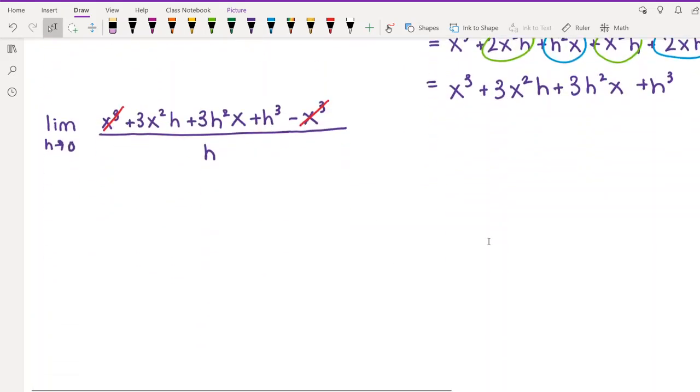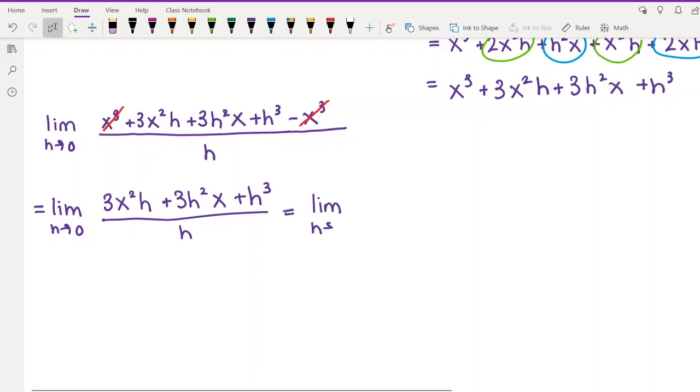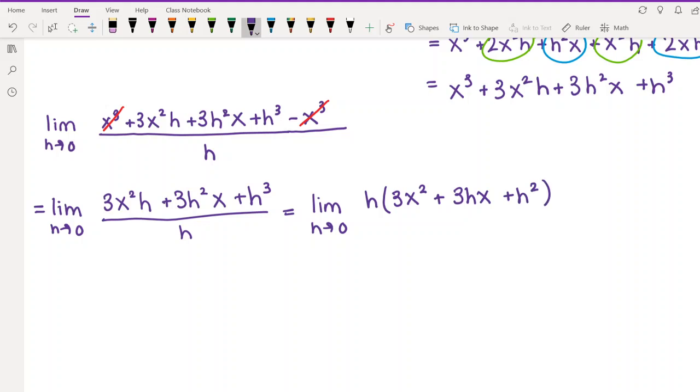Okay, so now we're left with the limit as h approaches 0 of 3x squared h plus 3h squared x plus h cubed, all divided by h. And so now we can factor out an h from everything. And so we're left with 3x squared plus 3hx plus h squared, all over h.